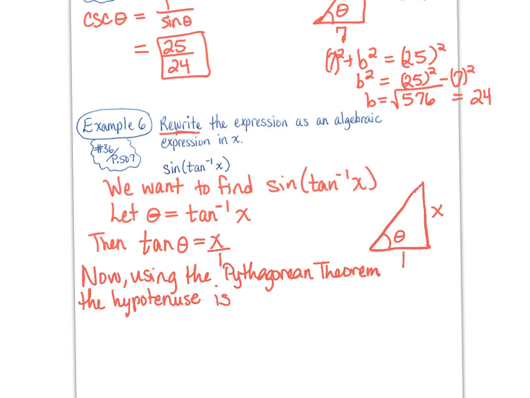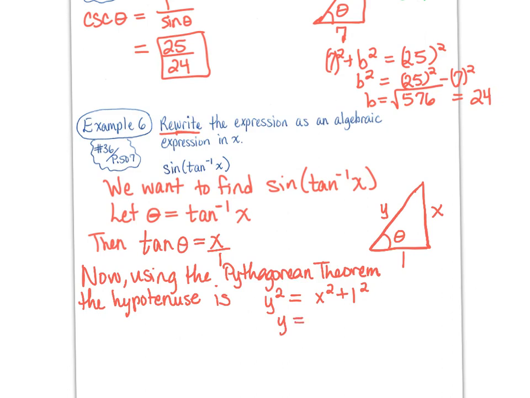Do you want to write out the steps? Yes, please. What did you label the unknown? Y works. You want to find y. So you have y squared equal to x squared plus 1 squared, or y is what?